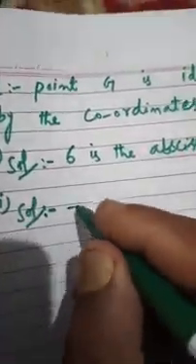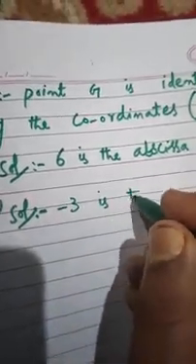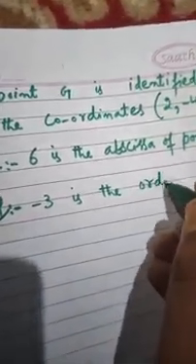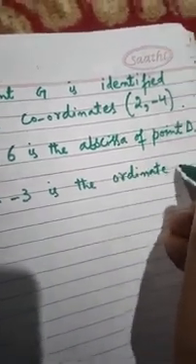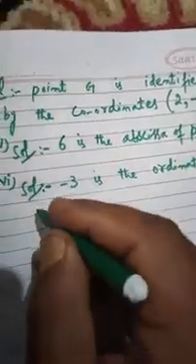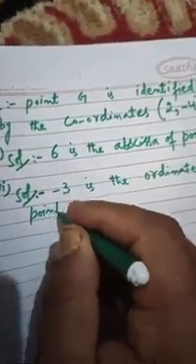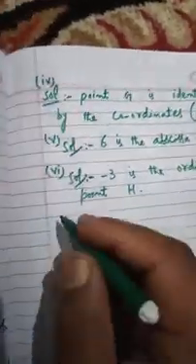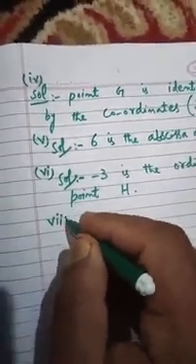So abscissa of H is -5, but we have to find the ordinate of H. That means towards the y-axis, we will see here it is -3. -3 is the ordinate of point H. This was the solution of our sixth part.